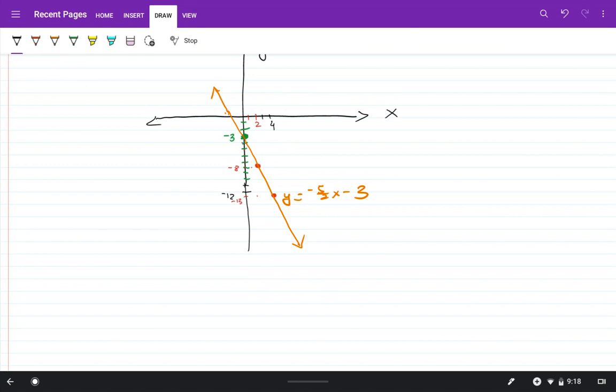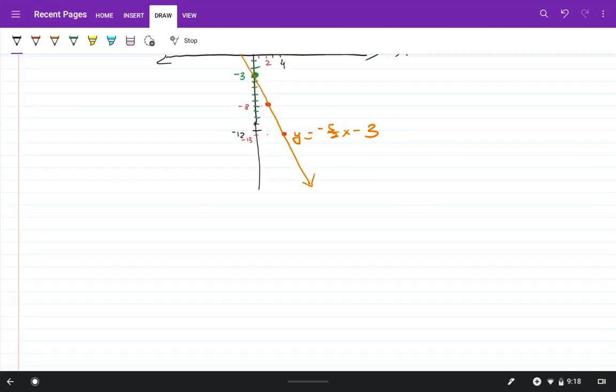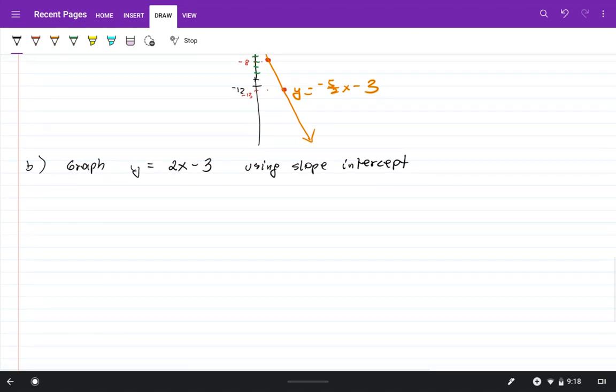Okay, so maybe let's practice one more example like this. Let's do B. In B, we're going to graph y is equal to 2x minus 3 using slope-intercept. Okay, so again, we know the slope.